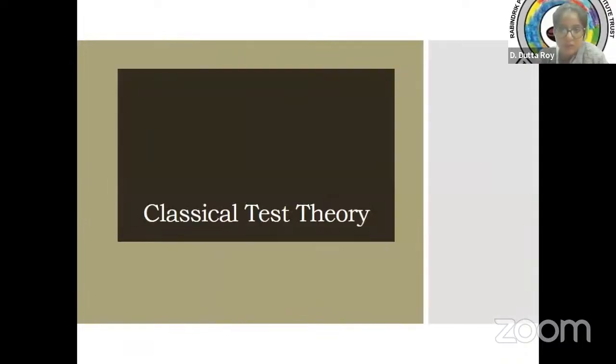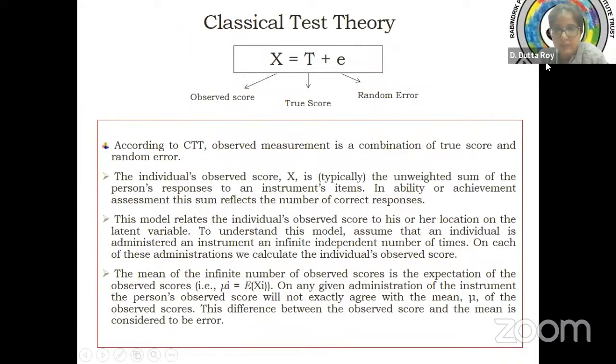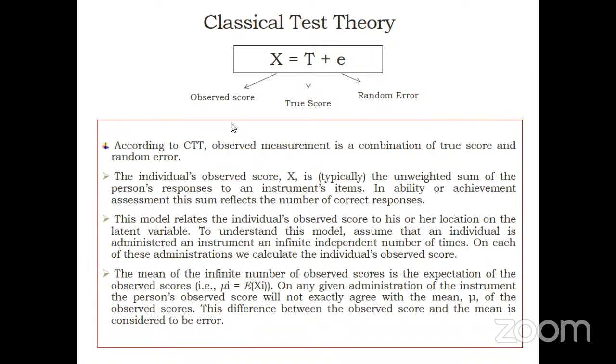So classical test theory, as you all know, deals with the combination of true score and random error, right? So when we say true score and random error, it is basically how we are trying to explain the observed score.